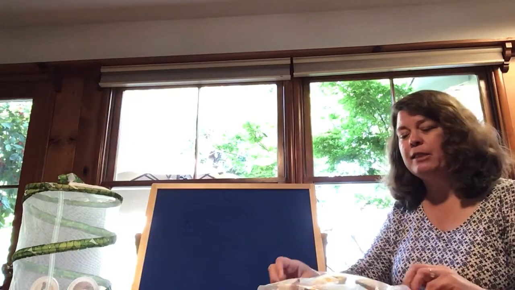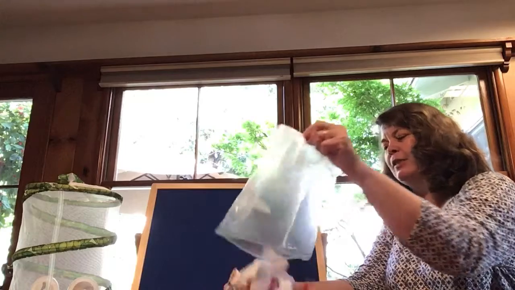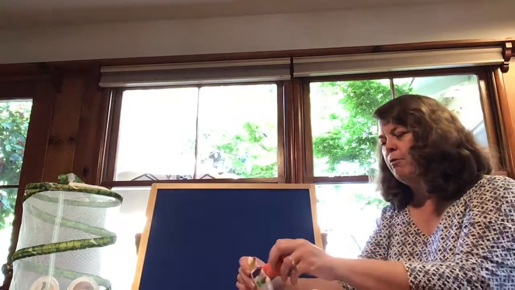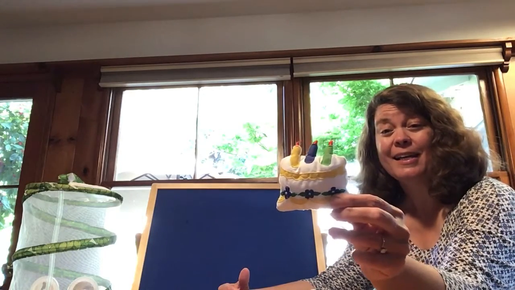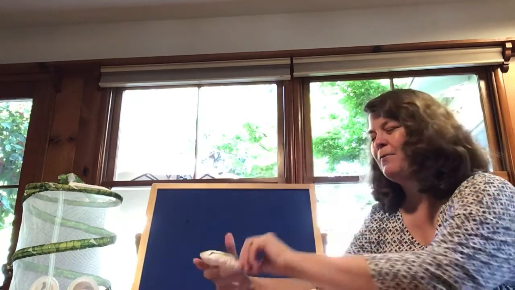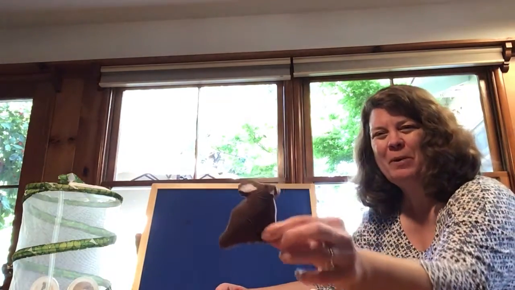So let me get the pieces out for our next story. You know, Mrs. Henry has all these pieces to use for these beautiful stories, but we have to remember what they all are. So I'm going to show you a piece of my story, and you tell me what it is. Oh, what's this? Yeah, it's a cake, a birthday cake. Hop, hop, hop, hop, hop.